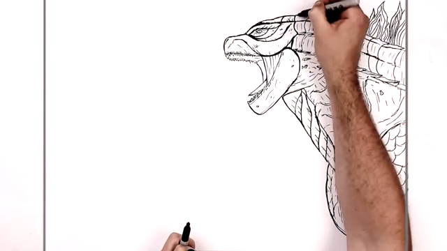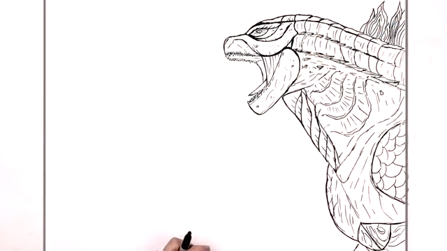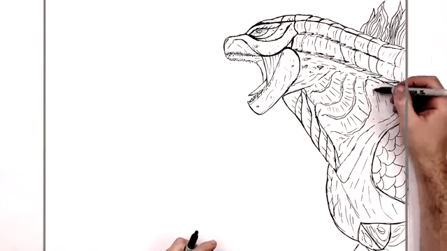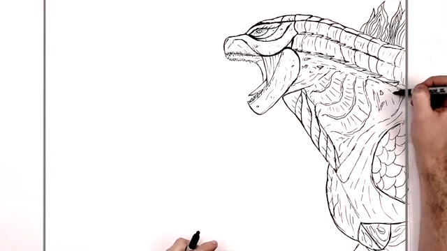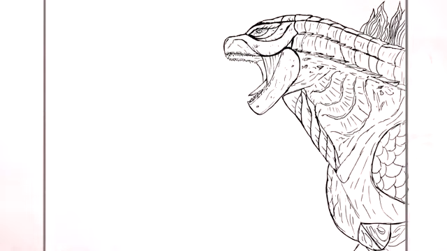It's not bad. You can add as much texture and wrinkles on his skin as you want, really. But I think I'll leave it like that and I'll go over and we'll start Muto.